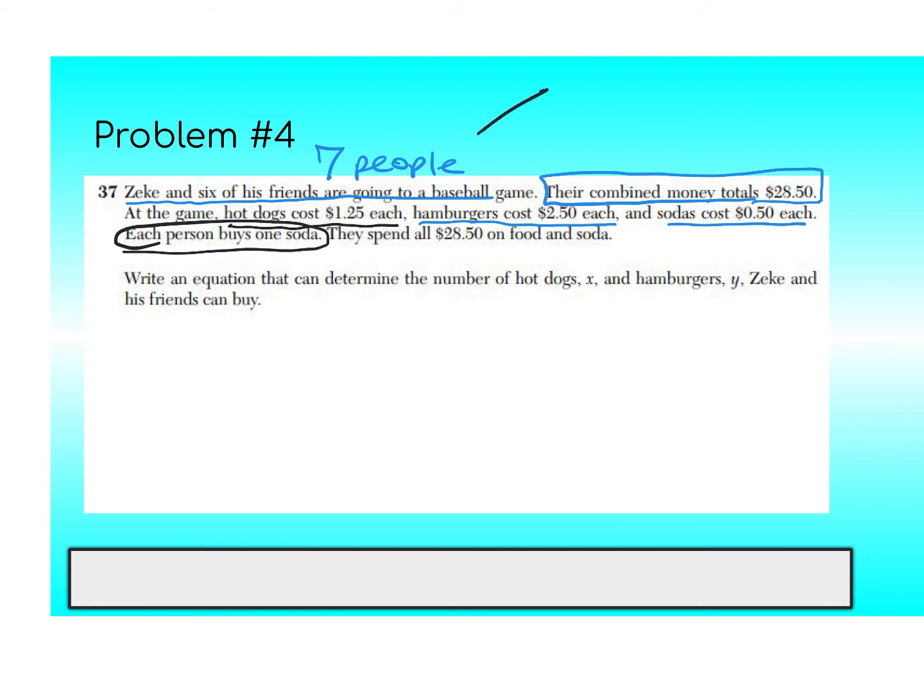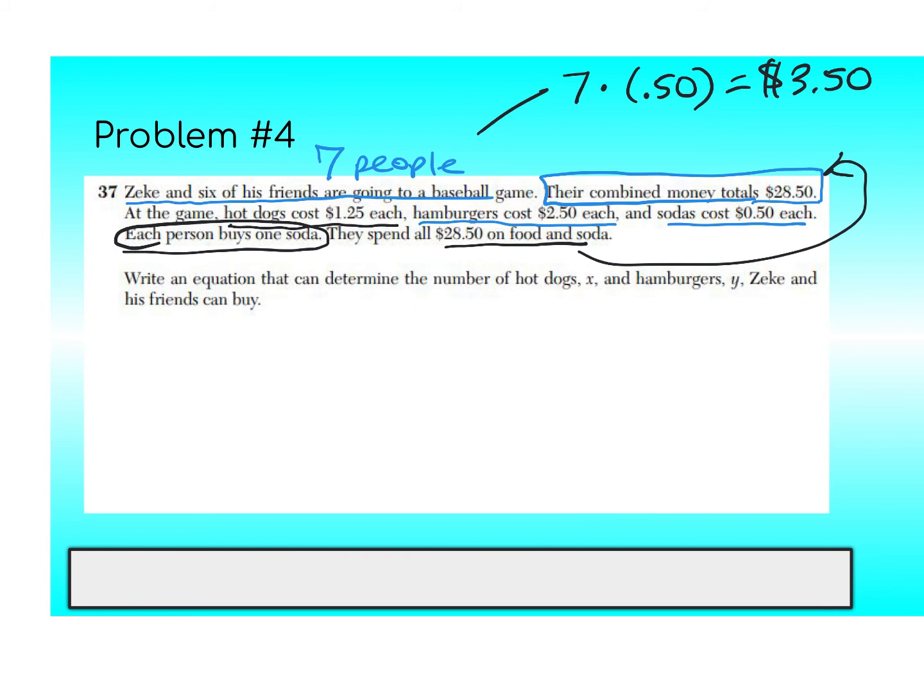So let's go ahead and say, okay, 7 times 50 cents. We know they're spending $3.50 on soda. So that is not a third variable. They all spend $28.50 on food and soda, which means they're using up every smidge of the money they have. So they give you the variables, hot dogs x and hamburgers y, and you would say, okay, they're spending $1.25 on hot dogs, and they are spending $2.50 on burgers, and they already spent $3.50 on soda, and that all totals $28.50.